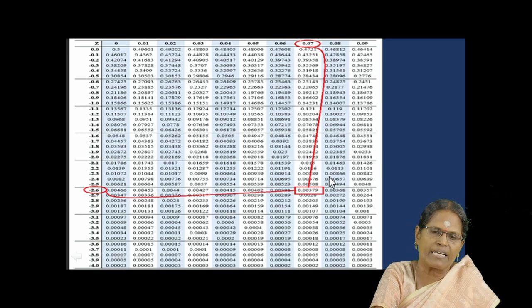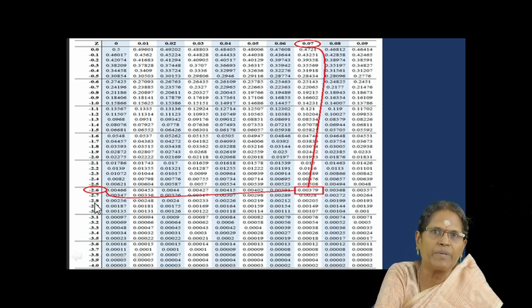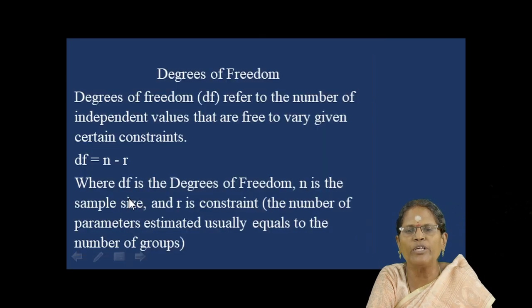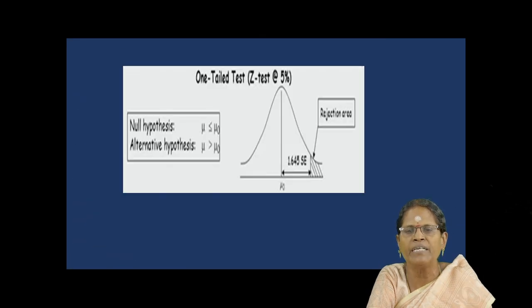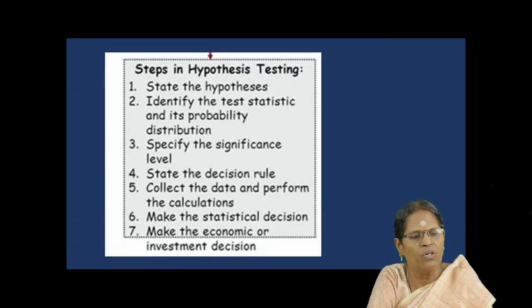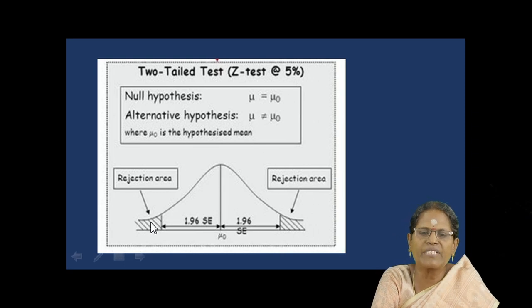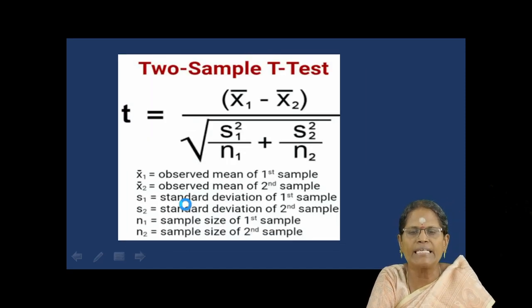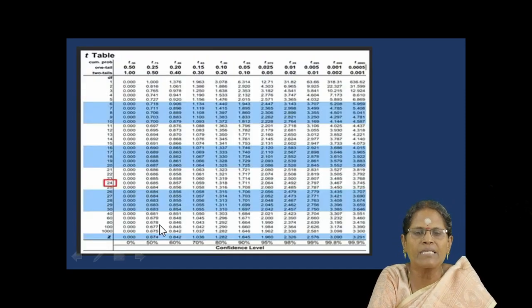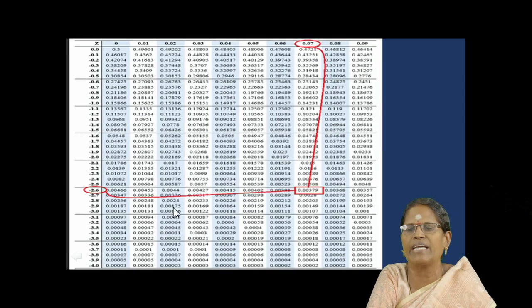It is our answer. Here we use the term minus because the area falls to the left. In the Z test, I told you it is a bell shaped curve, and if our probability falls on this left side, the area is denoted by minus. So only in the Z table do we use minus 2.67, like that.